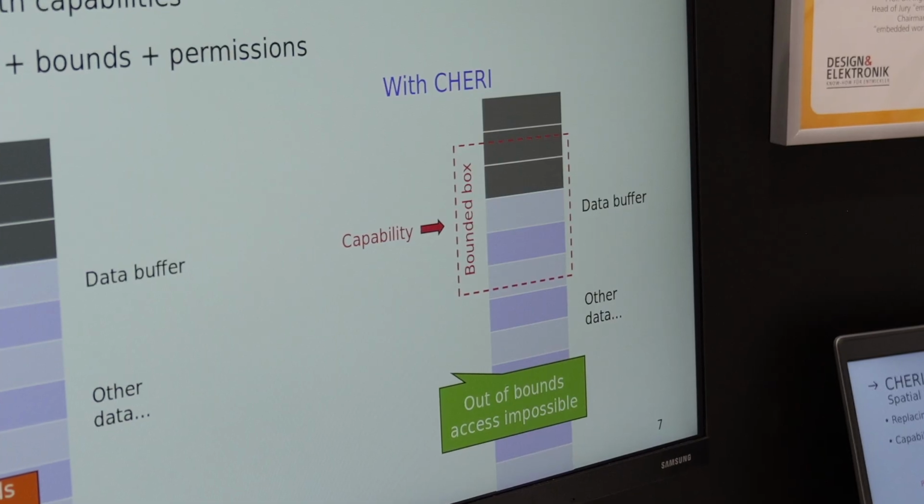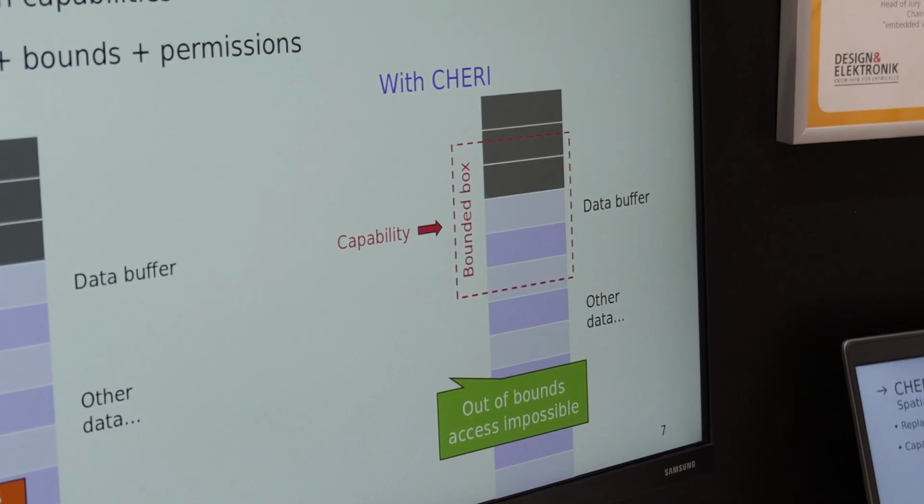So instead of a traditional pointer, where you can manipulate it and create an offset to go beyond the region that the programmer intended it to be used, we now have bounds that mean it can only stay within that region and can't be manipulated outside of that without the hardware detecting it. And also permissions, so you can limit it to read, write, execute, that sort of thing.